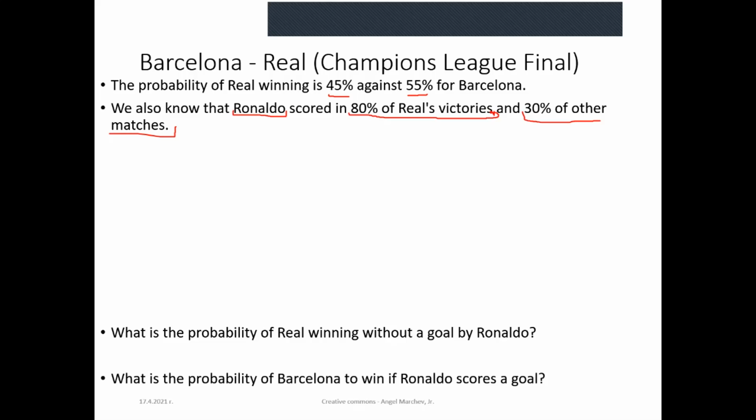And in 80% of these 40 games, which basically comes down to what is 80% of 40? 32. In 32 of those 40 games, Ronaldo has scored. This is the fact. In the other 10 games, which Real did not win, so a tie or a loss, Ronaldo scored in 30%, so 3 out of 10, so in 3 games.